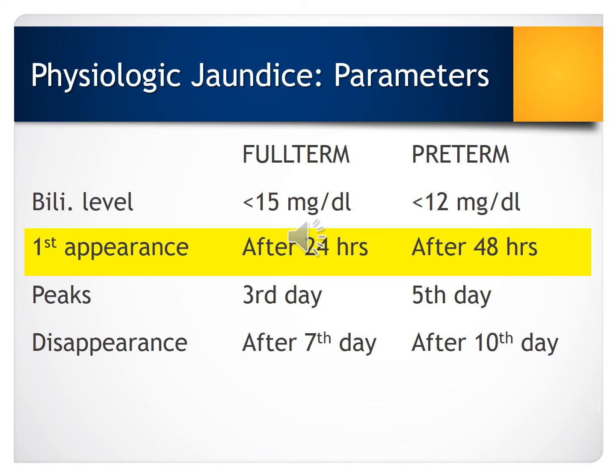Most newborns, somewhere around 60% of all newborns, will have some level of physiologic jaundice. And this is usually benign. It occurs because of the liver being immature. The immature liver doesn't have enough albumin to keep up with the breakdown of red blood cells.